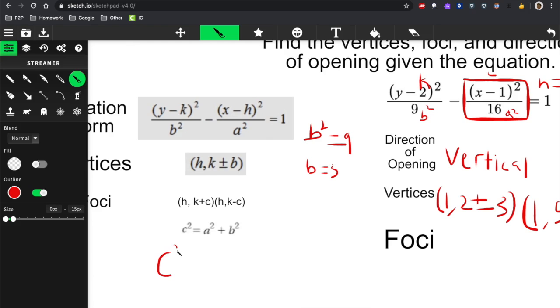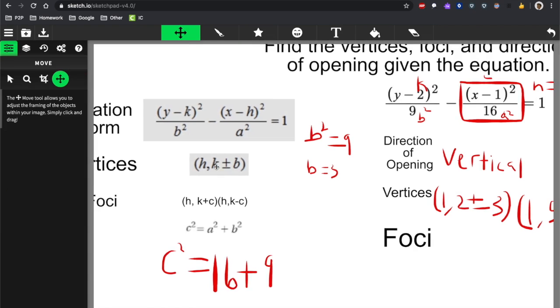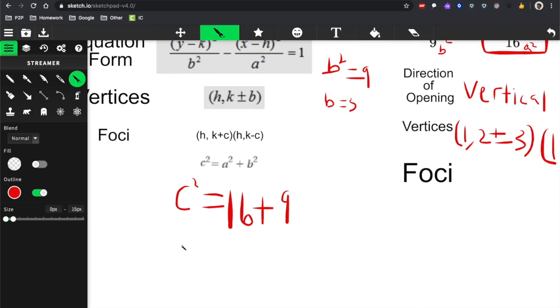We know c squared is equal to our a squared value, which is 16, plus our b squared value, which is 9. It looks like we're about to get the same c value. Okay, so add them both together. c squared is equal to 25. And we get c equal to 5.